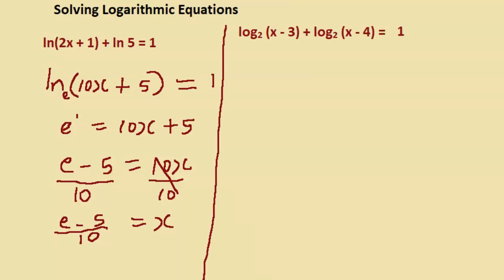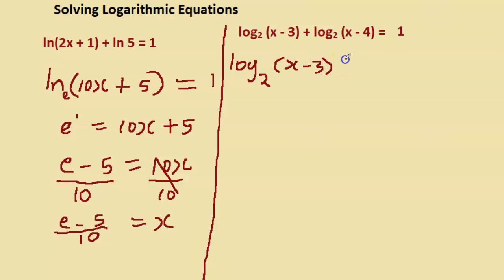Alright. Let's look at another problem. Alright, so here again, the idea is to consolidate. So because we're adding, same first law we looked at, we can consolidate by taking the product of this bracket. So this is log of x minus 3 times x minus 4.